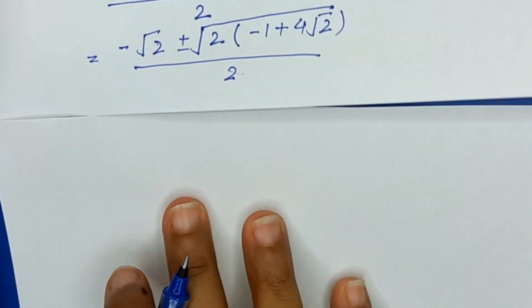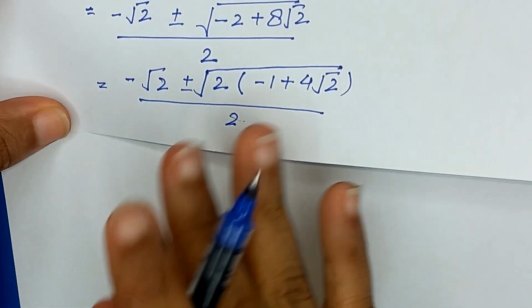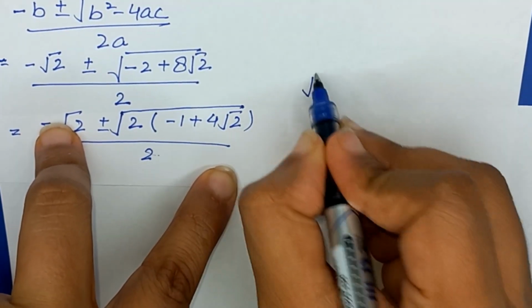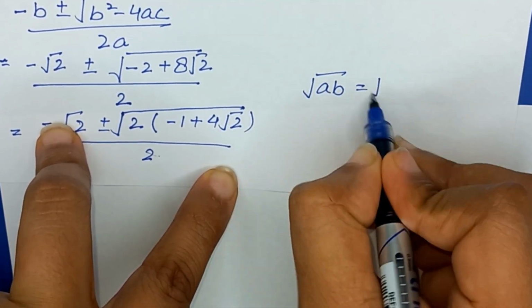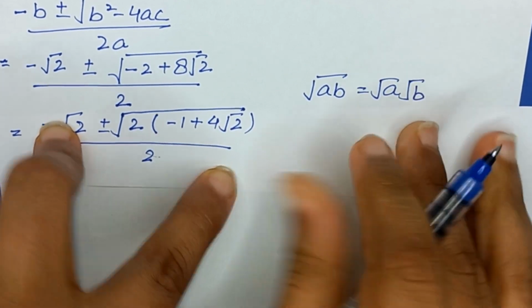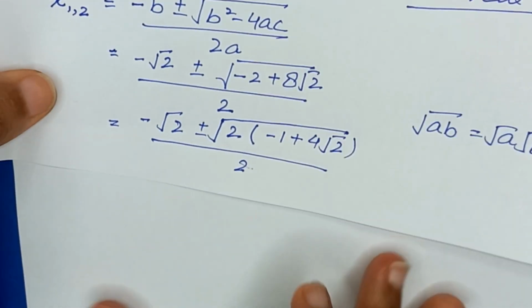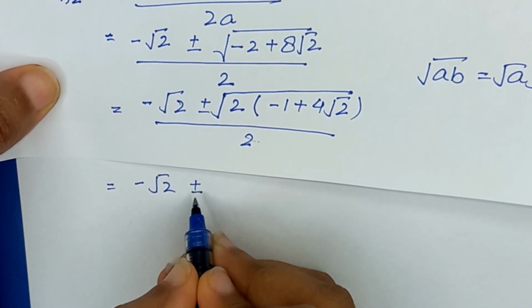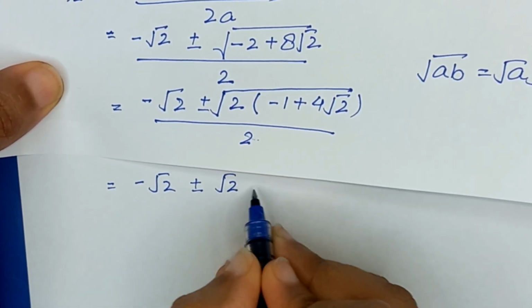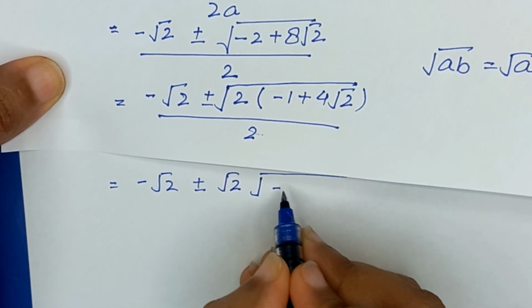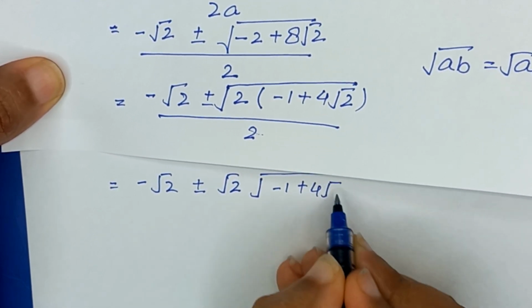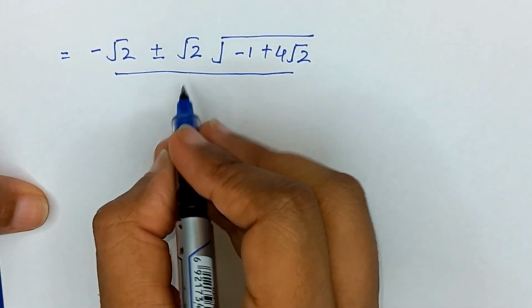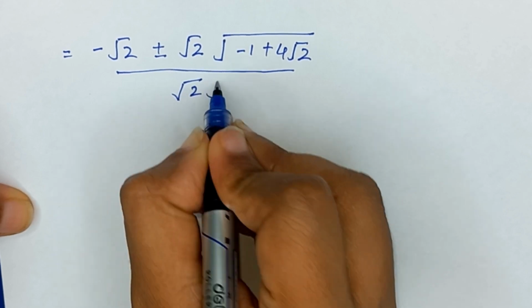Now I will take this square root of 2 separately, because we know that square root of a times b can be written as square root of a times square root of b. So I will write it as negative square root of 2 plus minus square root of 2 and square root of negative 1 plus 4 square root of 2, divided by, this 2 can be written as square root of 2 times square root of 2.